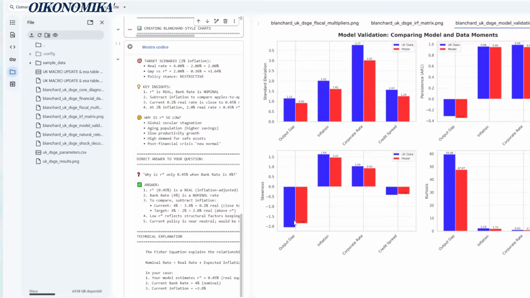And we see here, for example, the skewness of the output gap is negative, so it's not a good thing. It means that most of the time the economy works below potential, and the kurtosis is very large, so it means that there are some very wild shocks.